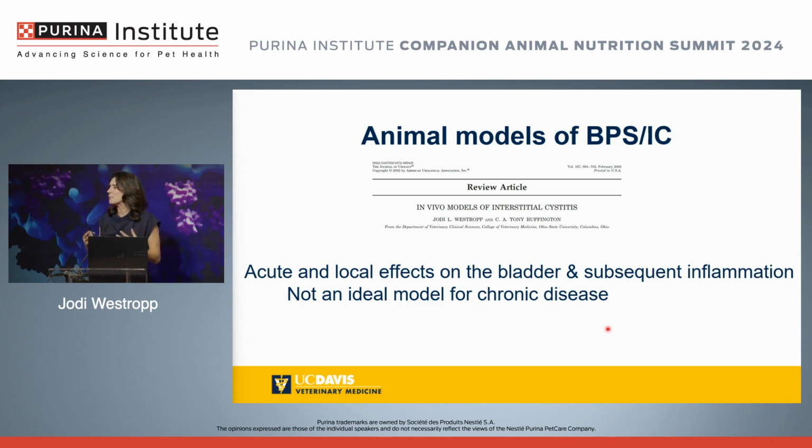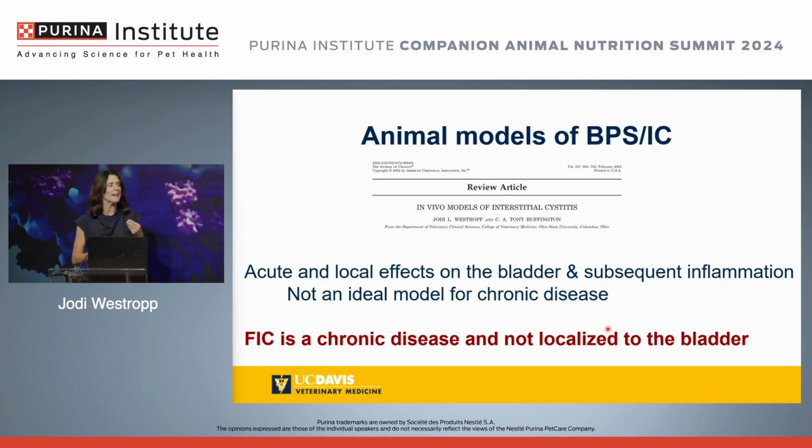When you look at some of the rodent studies in there, they were studying more the acute insult to the bladder and how that results in inflammation. But this didn't seem all that ideal to look at a model that is really a chronic disease. And we know that FIC is chronic and it's not localized to the bladder.